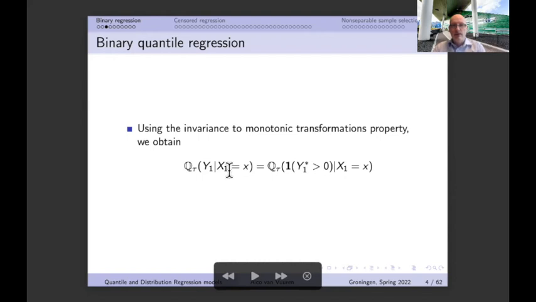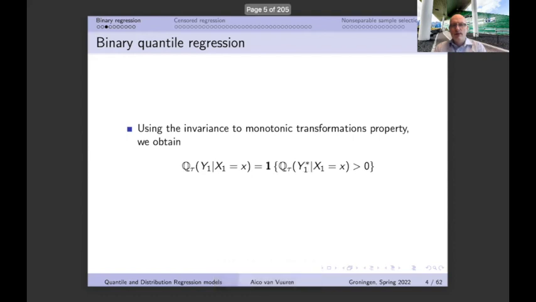We've only made assumptions with respect to the quantile of y1 star. But of course we do know that y1 is nothing else than this indicator function, so we can write it as the quantile of this indicator function. But now remember that, as I already said, at the moment that we have a monotonic transformation, and this is a monotonic transformation as we have seen in the previous slide, then the quantile of a function is the function of the quantile. So we can also write this as the indicator function that says that the quantile of y1 star should be larger than 0.